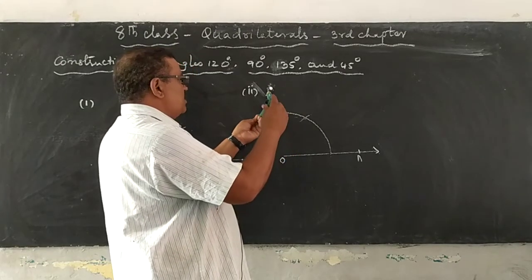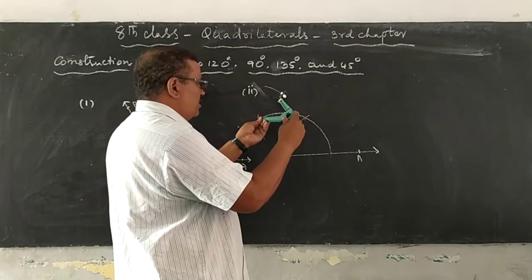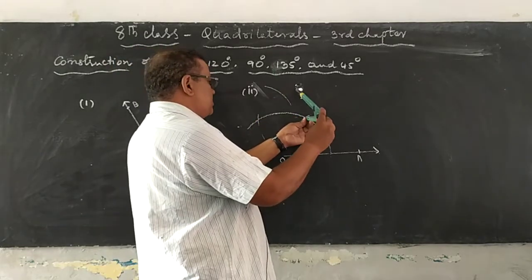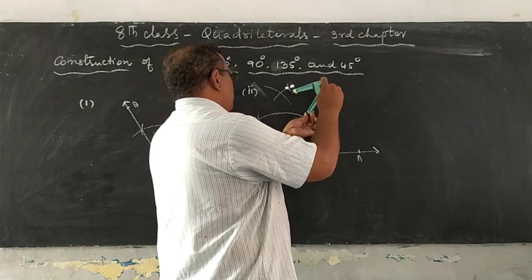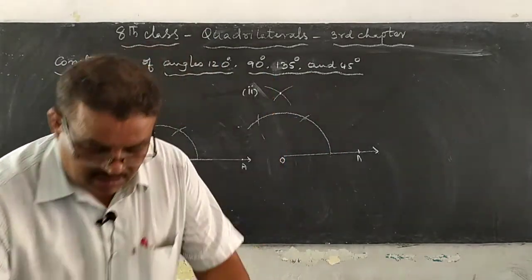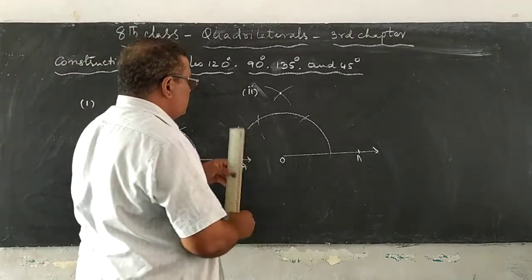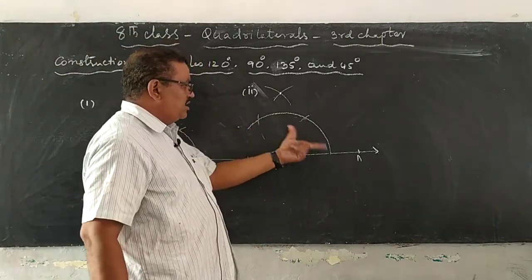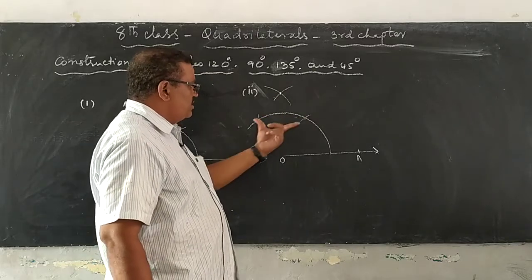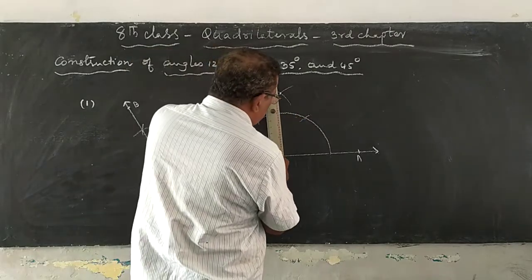From here onwards draw an arc with the same radius, from this point onwards, cutting the above arc. Now note this point. Now the 2 points, this is the angular bisector of the 60 degrees. This is 60 degrees, this is 60 degrees. This is the angular bisector of this 60 degrees. Now join these.